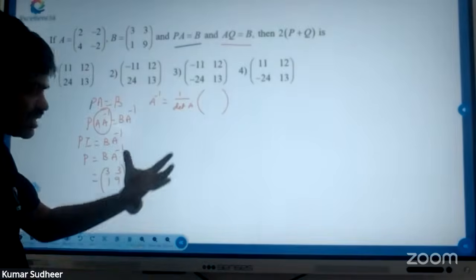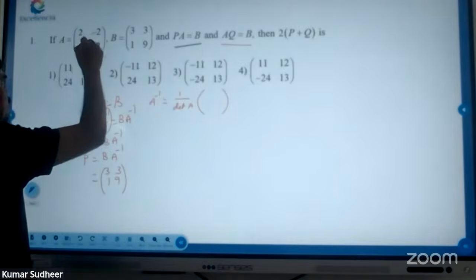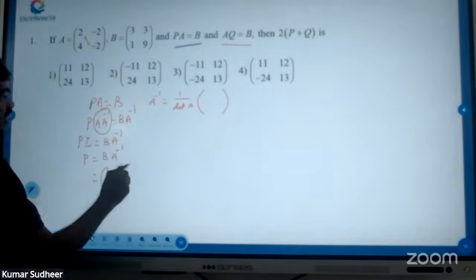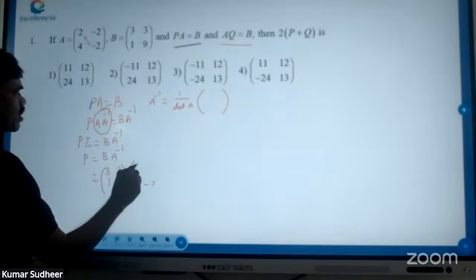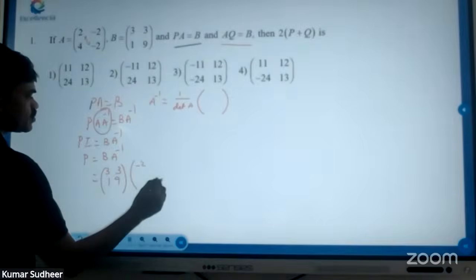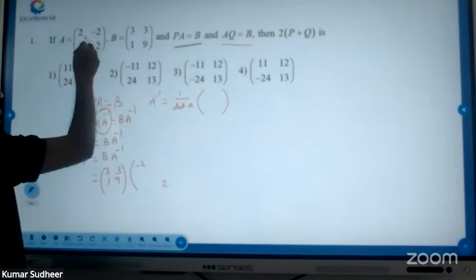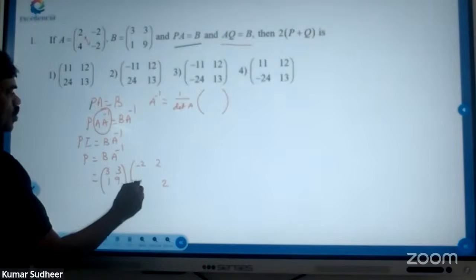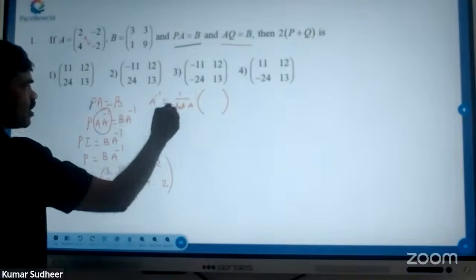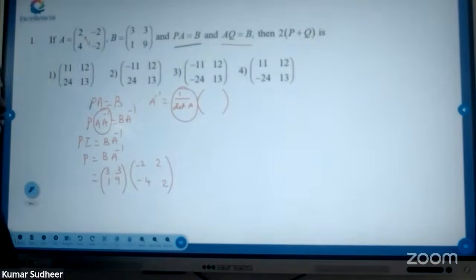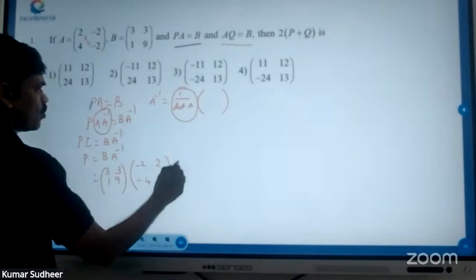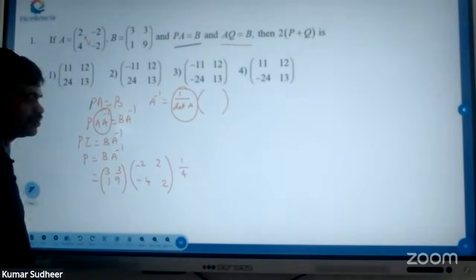Since it is a 2 by 2 matrix, directly we can interchange these two elements, that is minus 2 and 2, and change the sign of these two, 2 and minus 4. And we have to find out delta A. What is delta A? Minus 4 plus 8. Minus 4 plus 8 is 4. So it is 1 by 4.